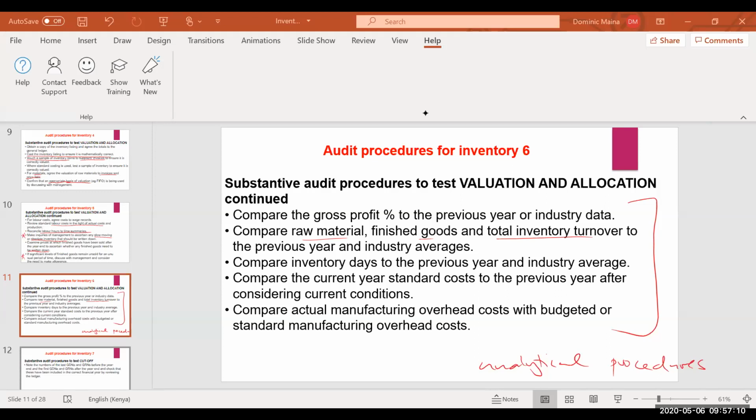Yes, you should be concerned as an auditor if the days are increasing drastically. Why? Because the rate of turnover will be a bit lower. Okay, I agree, the turnover is low, but why would you be concerned?